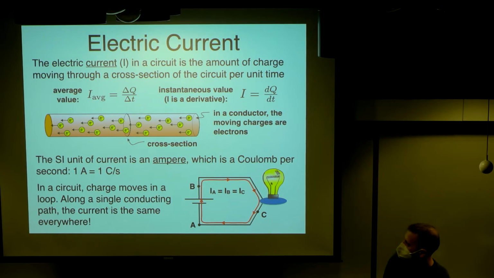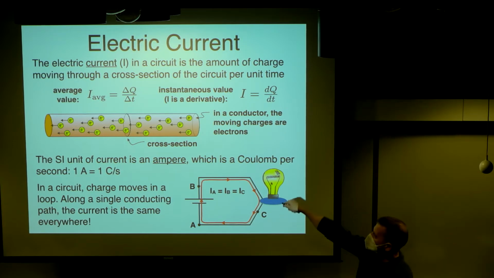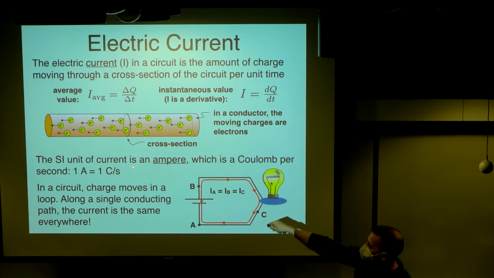Okay? So what I want you to think about right here is, let's say we have a wire, some kind of conducting wire, typically going to be made out of copper in a typical circuit. And if there's current running through this wire, we're going to have charges moving across it. So when I refer to a cross section of that wire, I want you to just imagine we take a little cut across the wire this way.